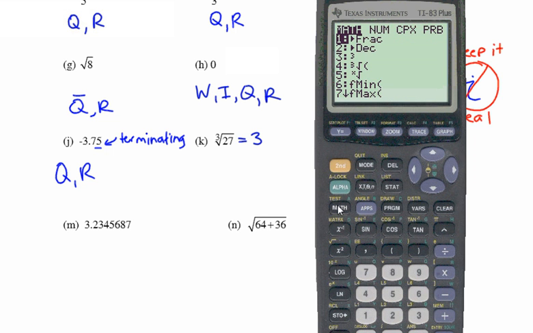So math 4 is the cubic root of 27. So it's 3.